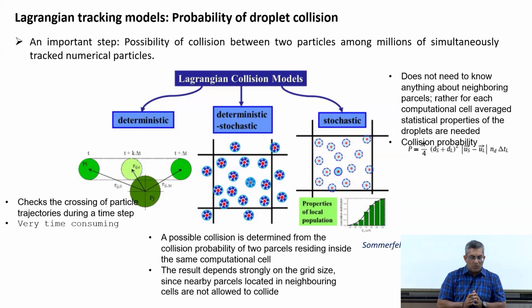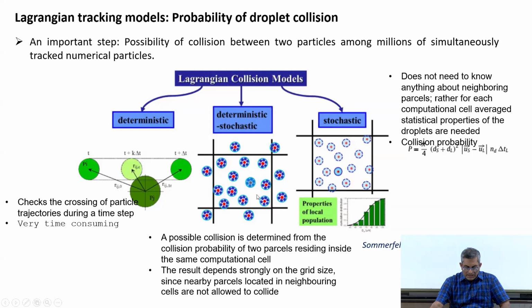However, this is very time consuming, considering that there are millions of particles. If you track the trajectory of each particle and see where they are meeting, then it will be computationally very expensive. The other approach is deterministic stochastic, which means that you consider the collision only for those particles which are within a cell.